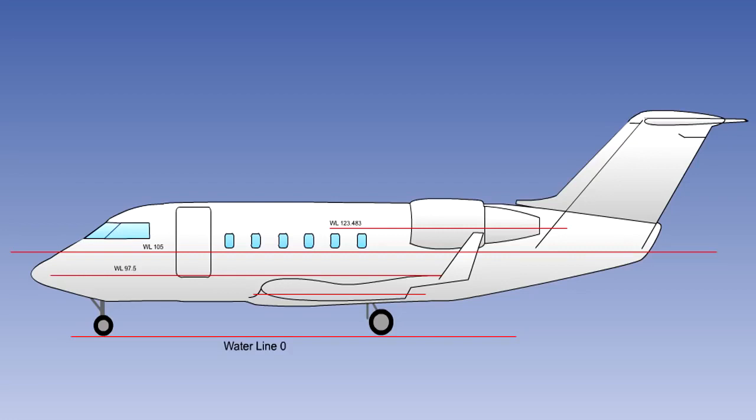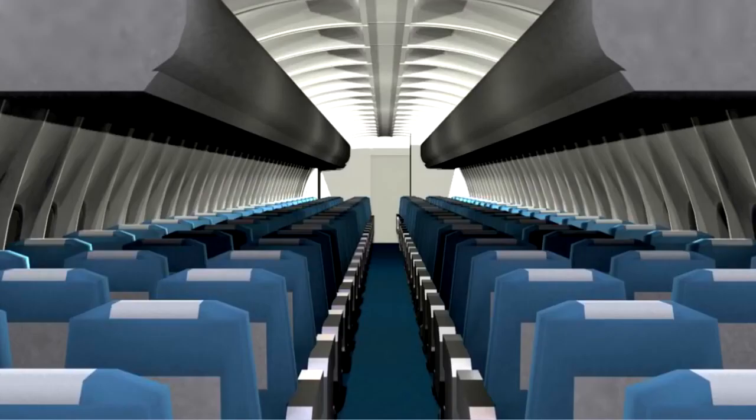In this example, the datum is at the bottom of the extended landing gear. The fuselage is the main structure of the aircraft. It carries the aircraft payload, be it passengers or freight, as well as the crew in safe, comfortable conditions.